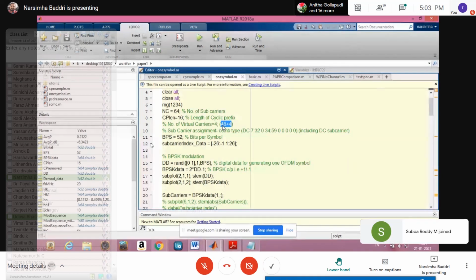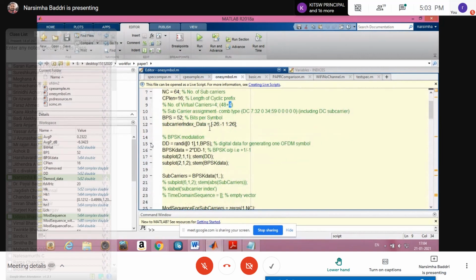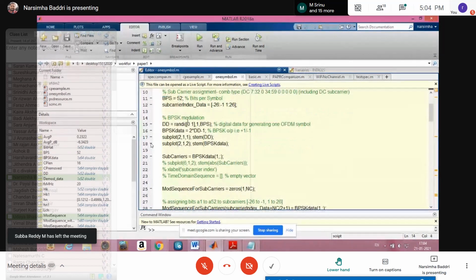You can see here 48 plus 4, so 52 are carrying the data. The remaining 12 are unused: one is the DC, and the remaining 11 are in the guard band. Out of 64, only these 52 are carrying data, out of which 4 are for pilot data transmission.